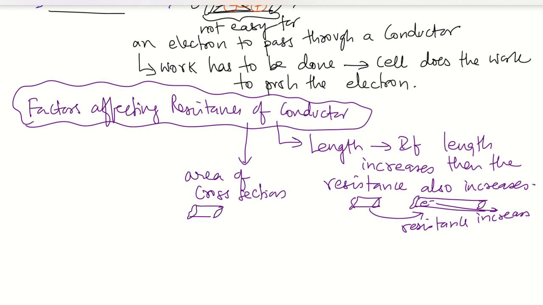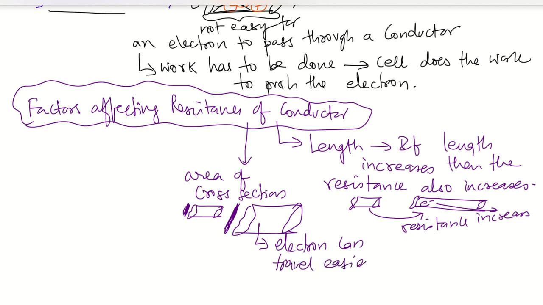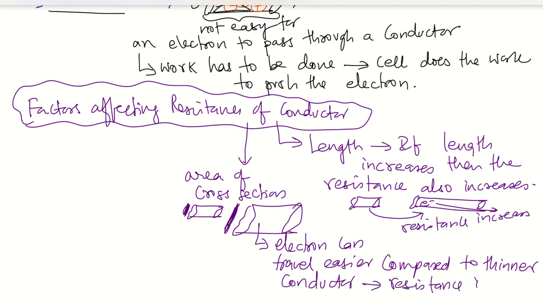One wire has this diameter and another wire has this diameter, so there is a difference in thickness. In the thicker conductor the electron can travel more easily compared to the thinner conductor, so the resistance is less, because the electron is not being stopped.